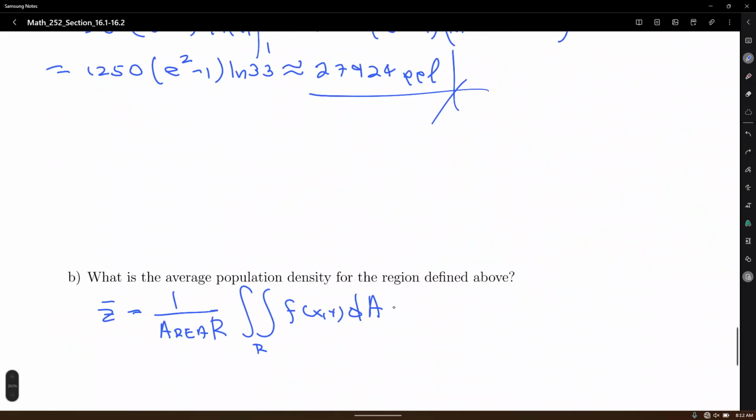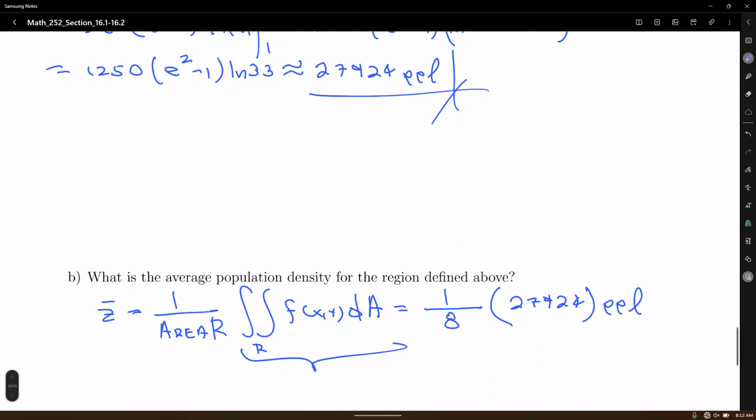So, 1 over the area of R. The area is a 4 by 2, right? It's a 4 by 2, so that is 1/8. Careful. That's not 1/8, it's 1/8 times what you got from part A, which is 27,924 people.